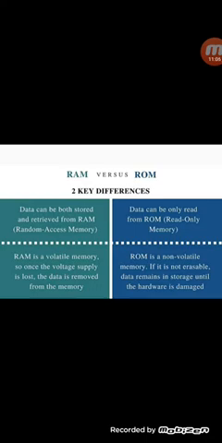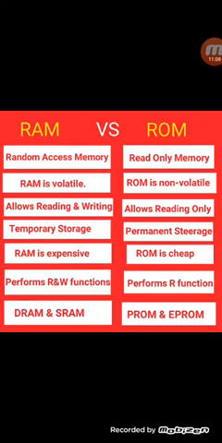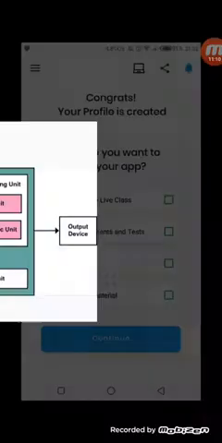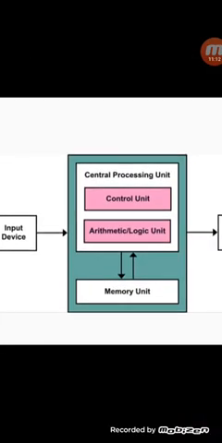Let's revise this again. See, this is our CPU. It consists of three units: control unit, arithmetic or logical unit, and the last one is the memory unit.